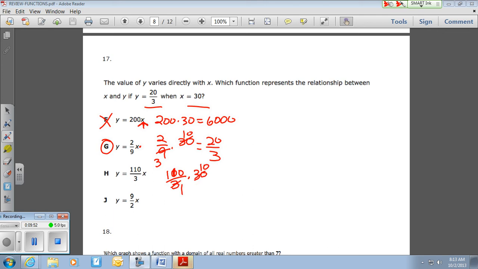Okay, that's going to be 1,100. That's not it. And then 9/2 times 30. Well, I know it's not going to be 20/3, so that's not it either. It's got to be G. All right, so that's our answer for number 17. Let's move on.